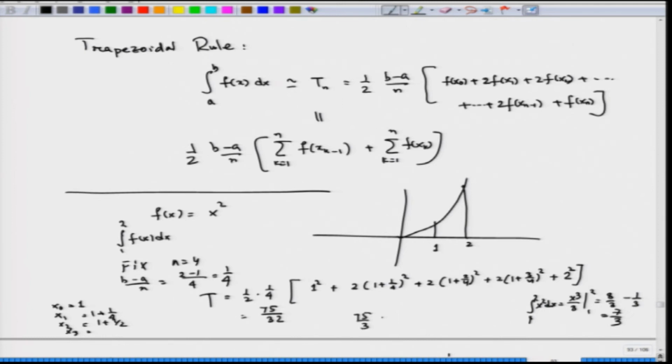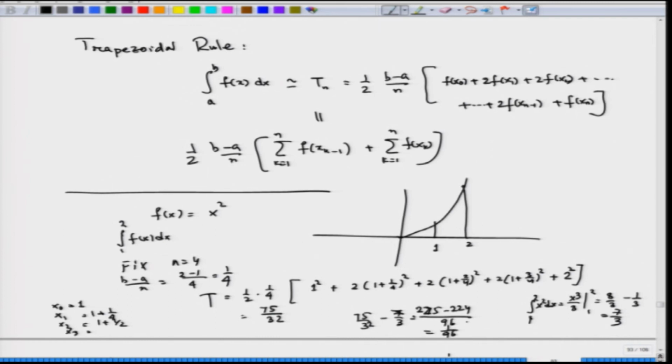Now, if I get 75 by 32 minus 7 by 3, then this is equal to 75 into 3 is 225, minus 32 into 7 is 224, divided by 96, which is equal to 1 by 96.